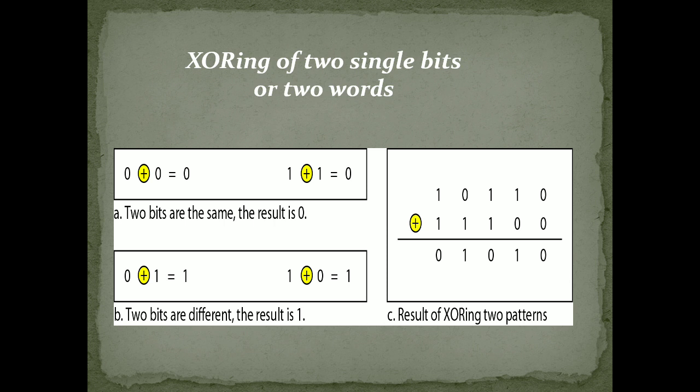Here are some examples of XORing two single bits or two words. 0 XOR 0 equals 0, and 1 XOR 1 equals 0. When two bits are the same, the result is 0. If two bits are different, the result is 1: 0 XOR 1 equals 1 and 1 XOR 0 equals 1. We also take two patterns for XORing of the values, so we can see the result.